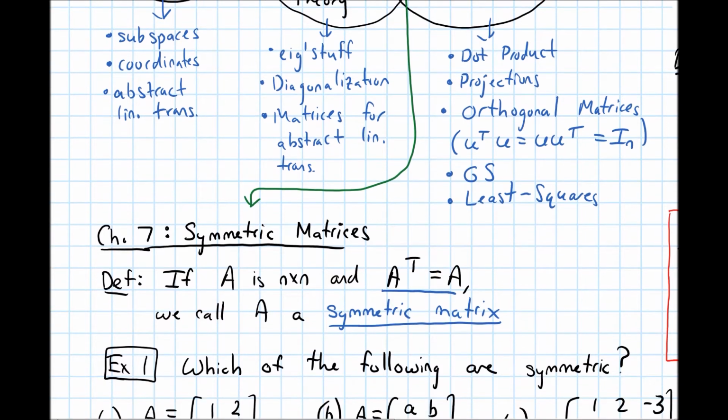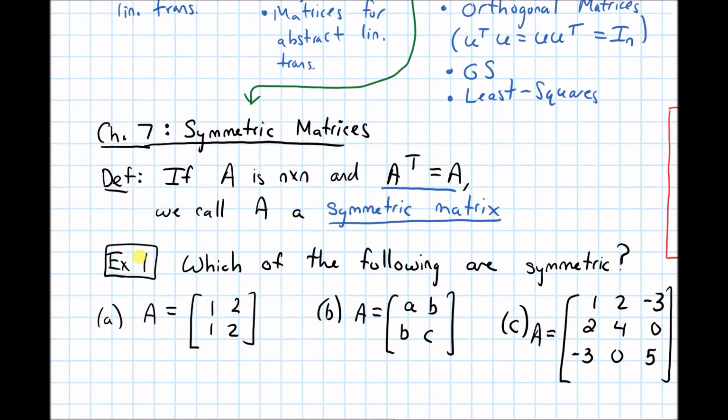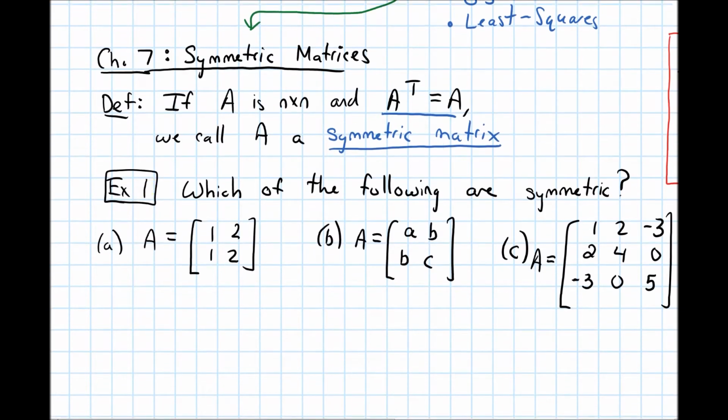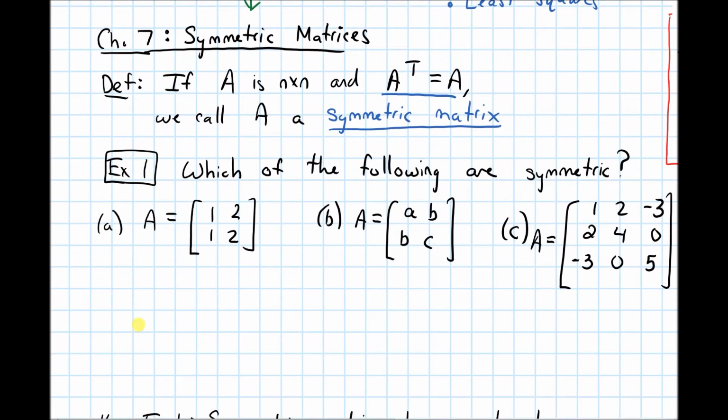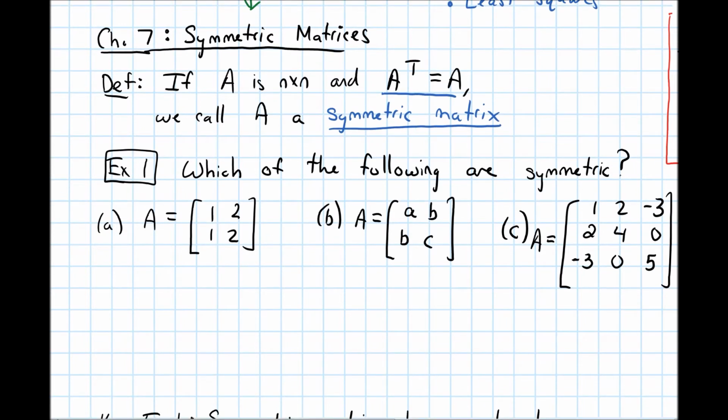Let's begin with a quick example. Which of the following matrices are symmetric? To answer this, we need to find the transpose of all of these matrices. Let's do this for part A first. The transpose interchanges the roles of the rows and the columns. So the first column of A becomes the first row of A transpose, that'll be 1, 1.